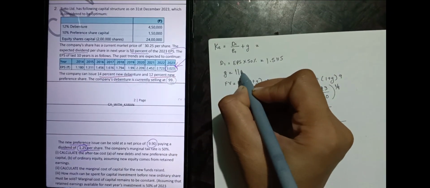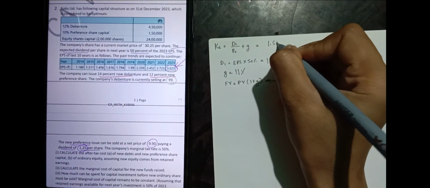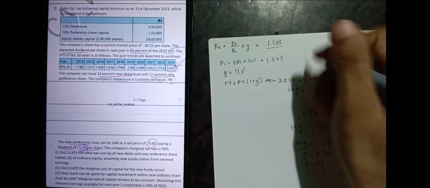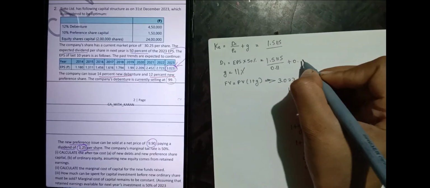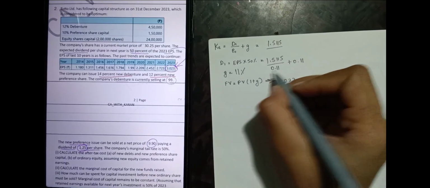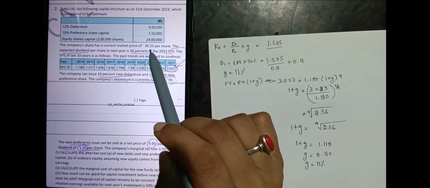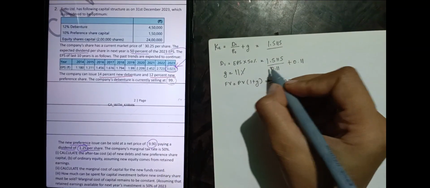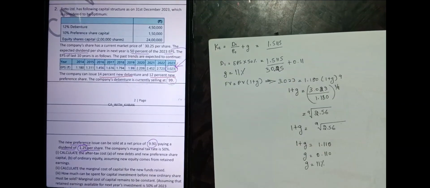So growth is 11%. So D1 is 1.5115 upon P0, which they have given is 30.25, plus 0.11.